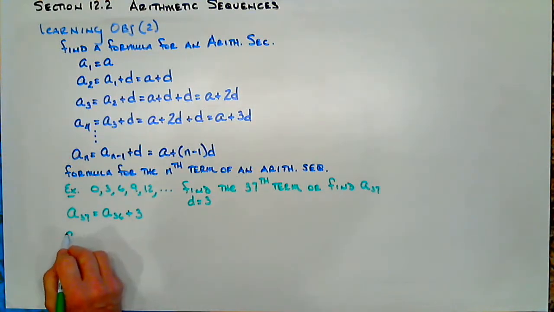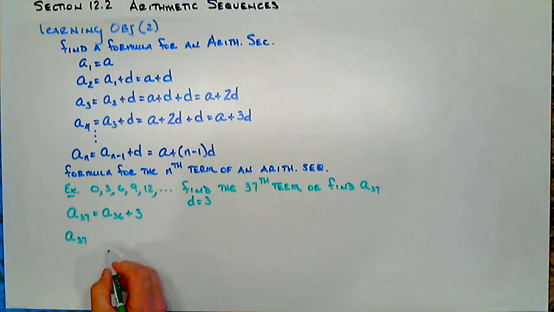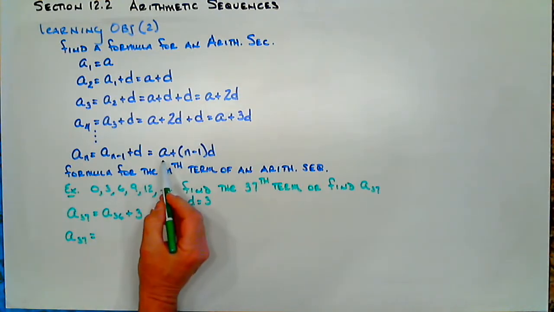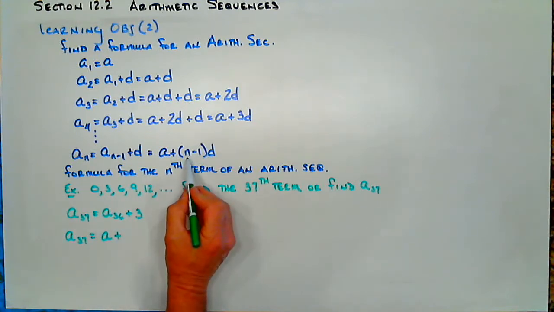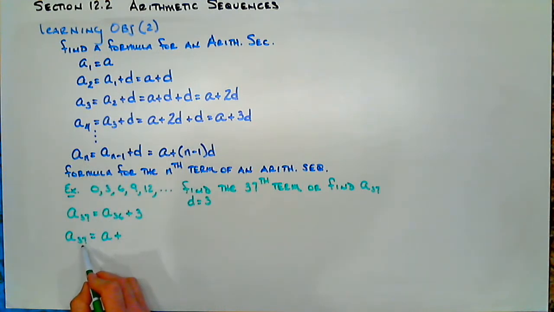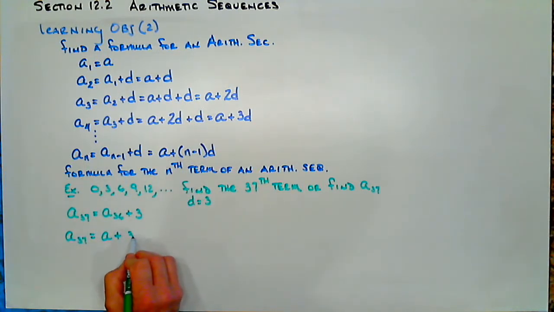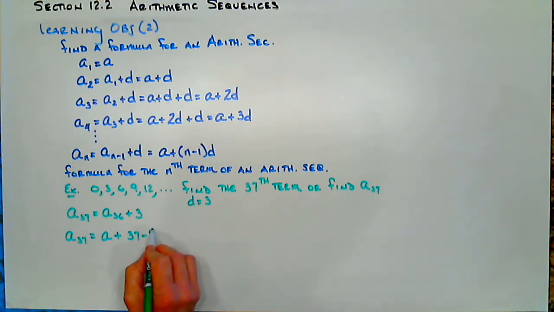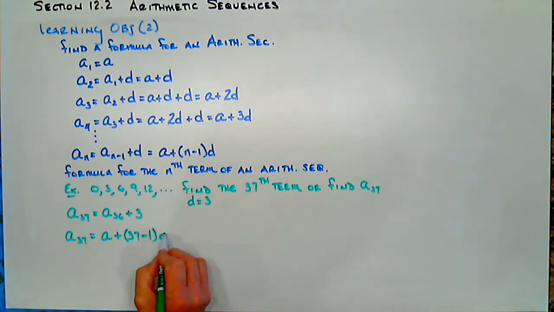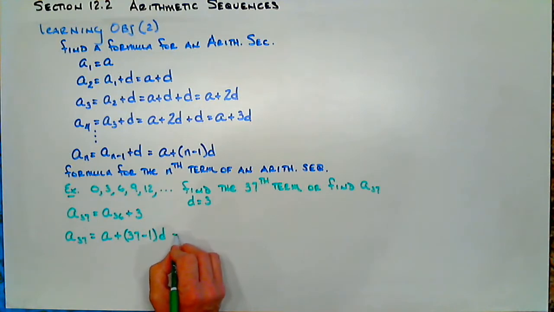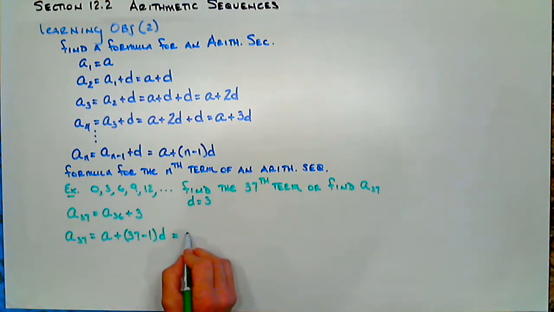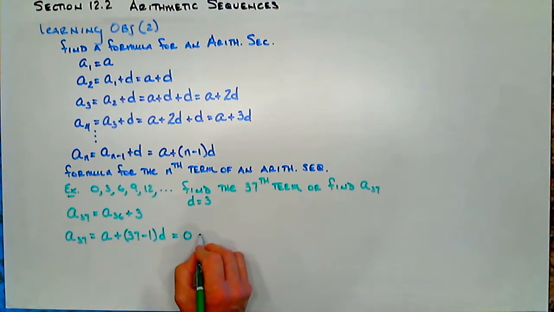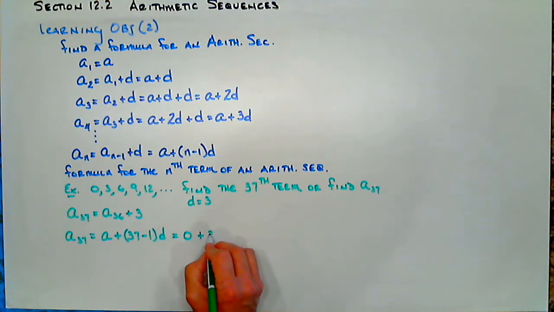We're expecting you to use this formula right here. We're expecting you to say, hey, I know what the 37th term is. The 37th term is the first term, plus n minus 1 times my common difference, where n is 37. And then we want you to plug in the values of those. You can see them here. Your first term is 0. We all know 37 minus 1 is 36.